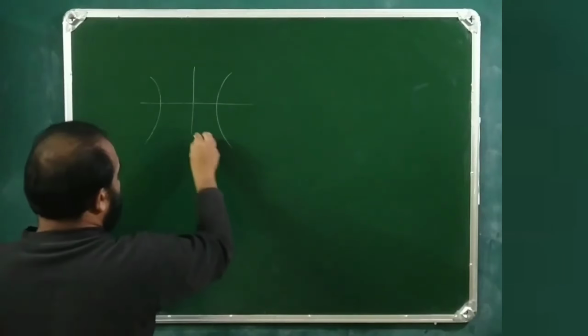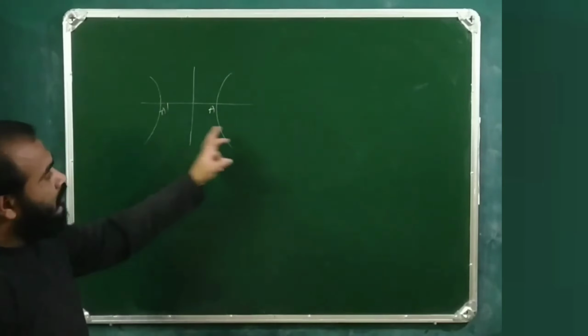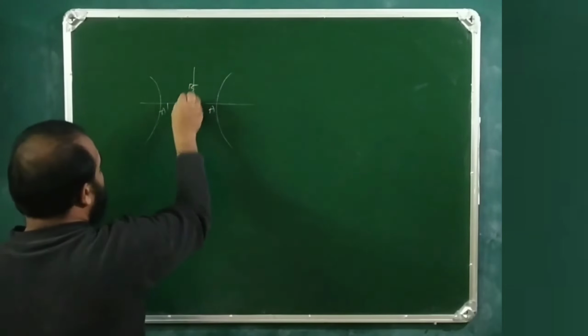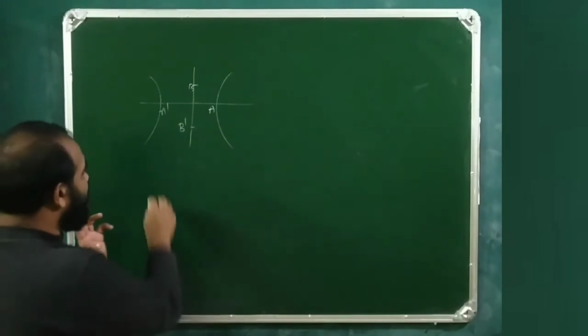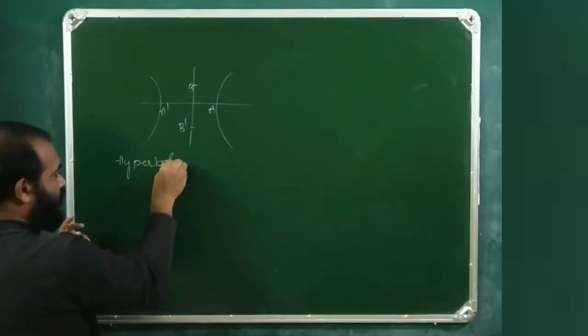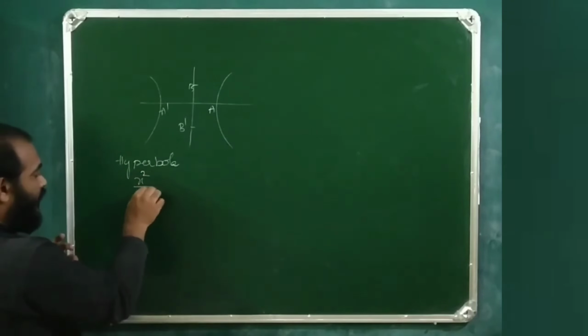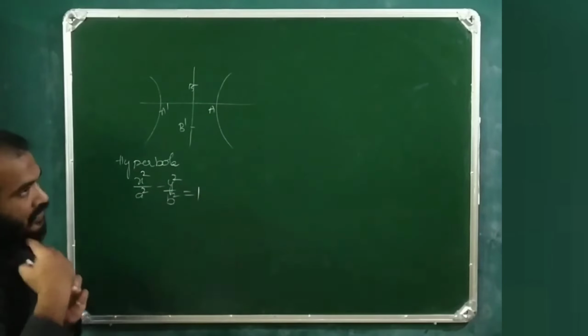Actual hyperbola. So A dash is the transverse axis and B dash is the conjugate axis. So this is the hyperbola. Its equation is x square by a square minus y square by b square equals 1.